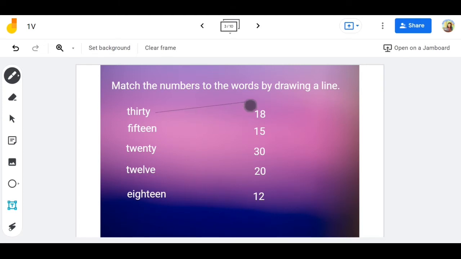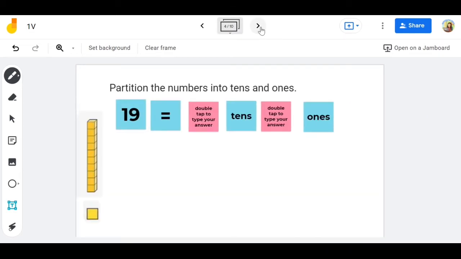I'll just read through the numbers for you: 30, 15, 20, 12, and 18, and then you need to match the numbers on the other side. You should be able to do that without any trouble. All right, let's move to the next page.